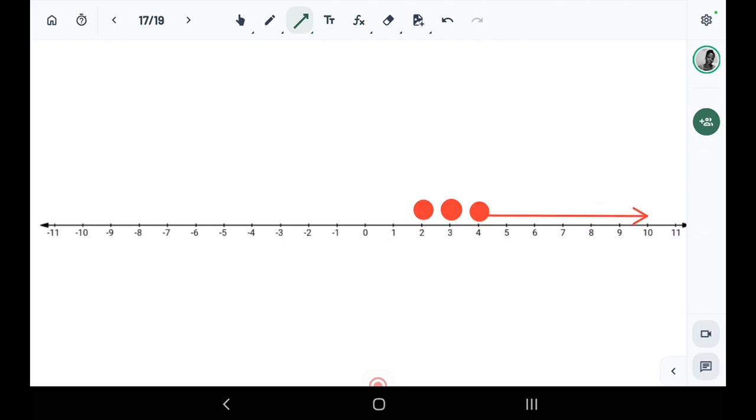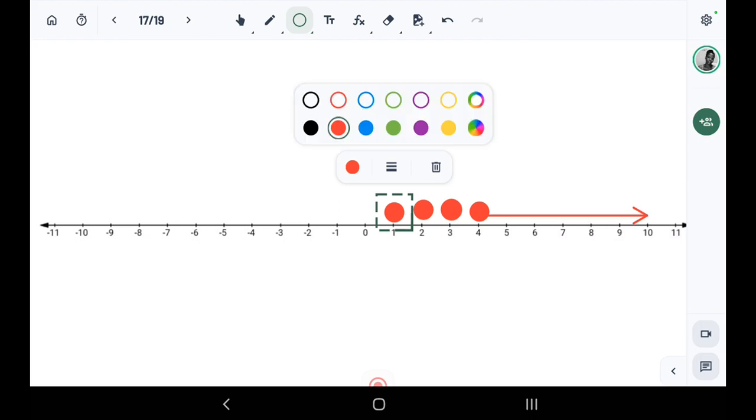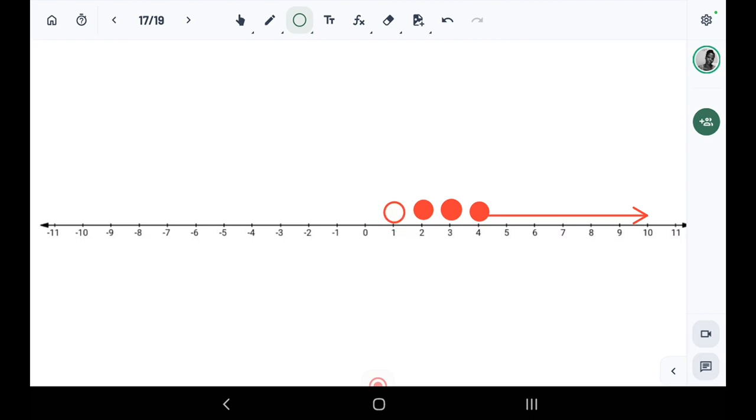So what we do to represent that is we draw an arrow pointing to the right to show that all these integers to the right of b equals 1 are valid. Now, in other textbooks, they also show that 1 is not included by putting a hollow dot there.